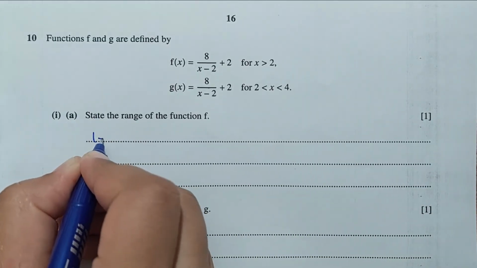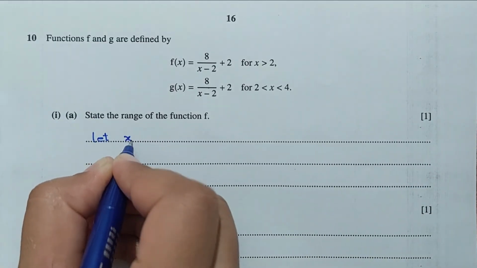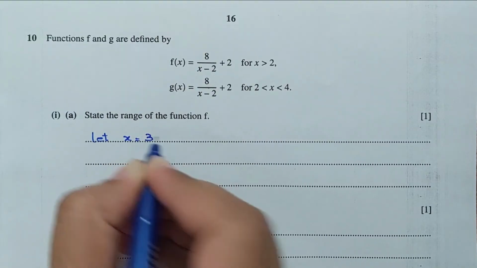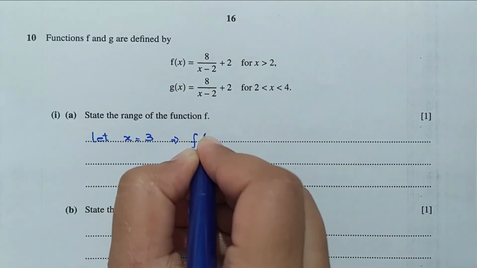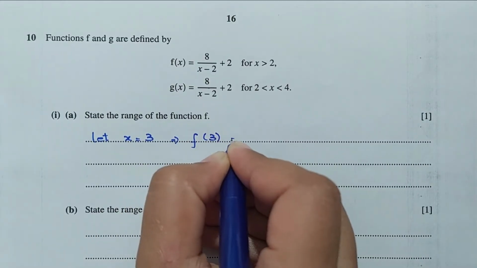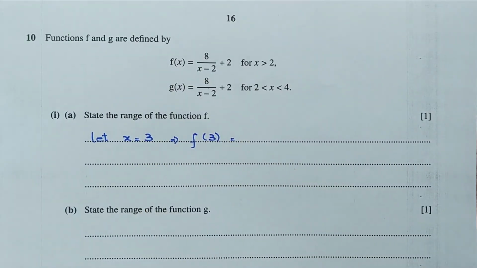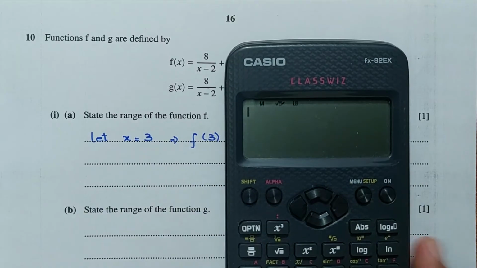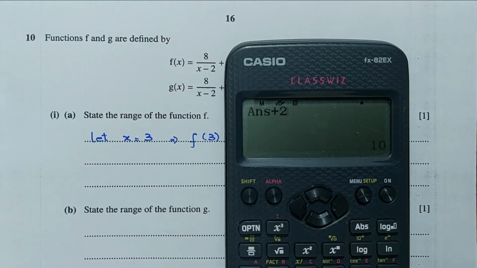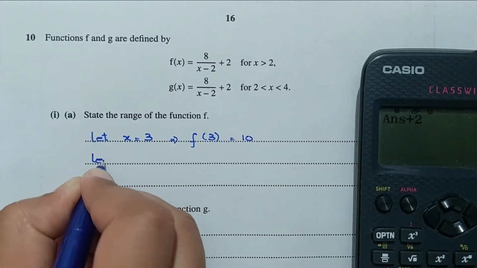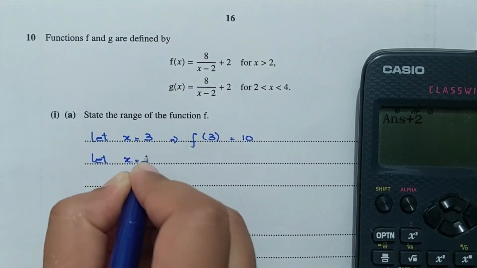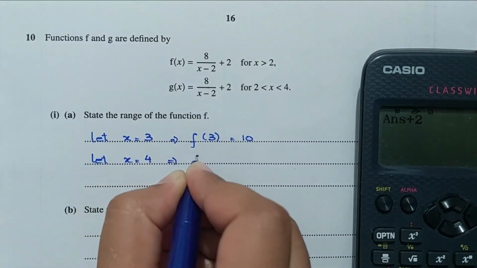So let me check at x equals 3. What is f of 3? F of 3 is equal to, let me simplify, 8 divided by 3 minus 2, and plus 2. This is 10. Okay, now let x equal 4. What is f of 4?